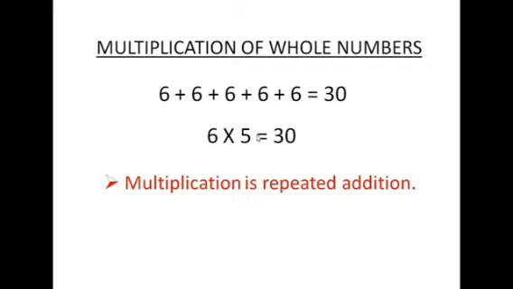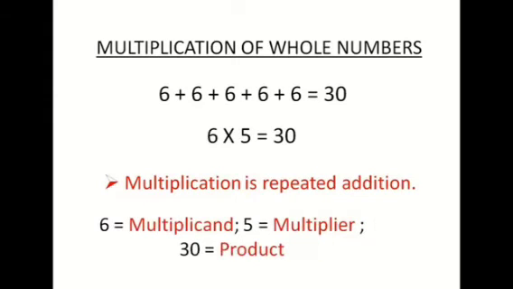Here we are multiplying by 5, so 5 is called the multiplier. And the result of the multiplication, that is 30, is called the product. So here 6 is the multiplicand, 5 is the multiplier and 30 is the product.